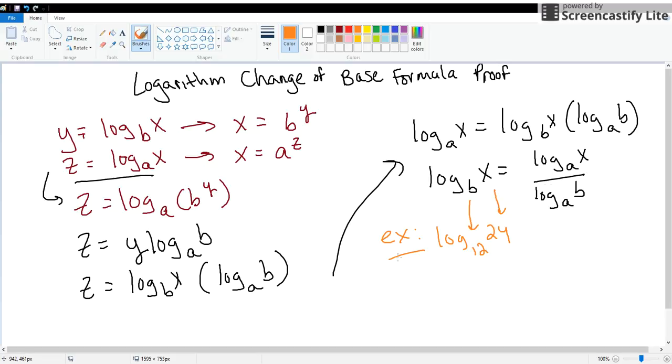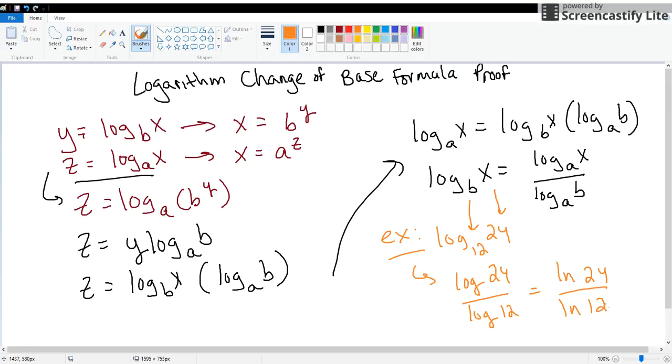It's either 10, log base 10, which would be the common log, or it's e, log base e would be the natural logarithm. So I could rewrite this in one of two ways. I could say that log base 12 of 24 is equal to the common log of 24 divided by the common log of 12. Or if I defined a to be e, then I could say that this is equal to the natural logarithm of 24 divided by the natural logarithm of 12.